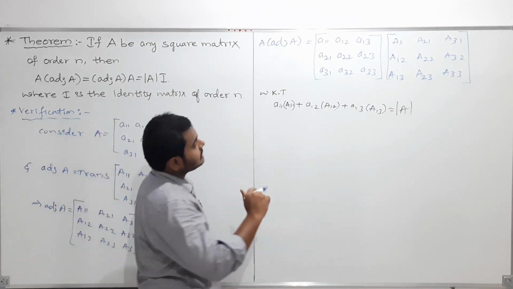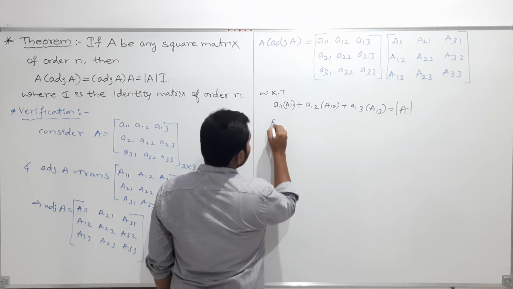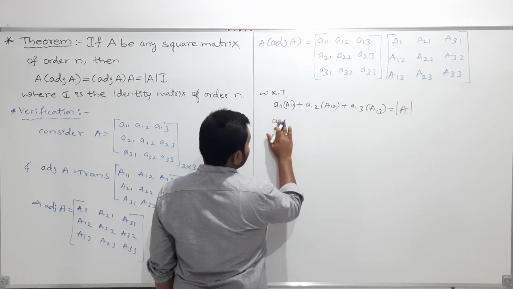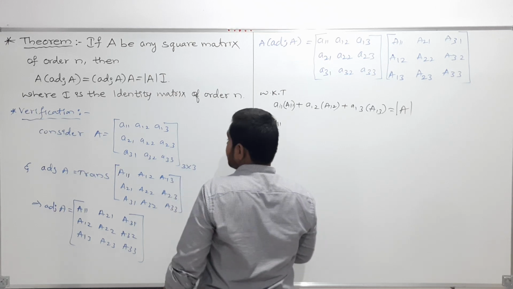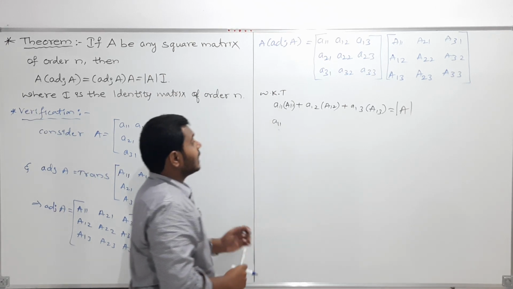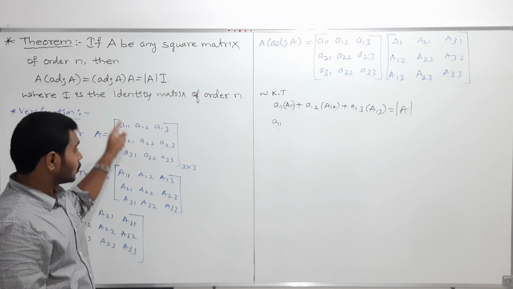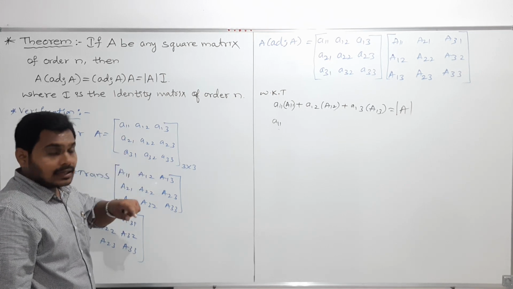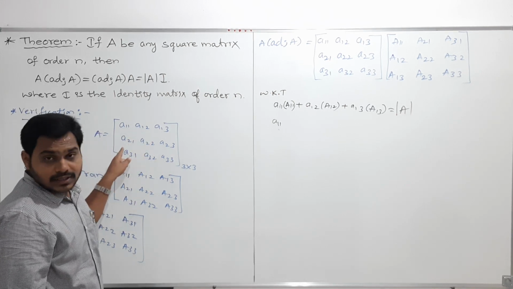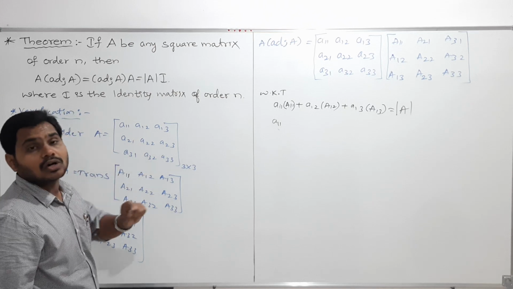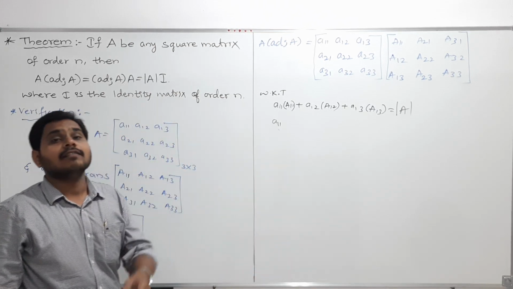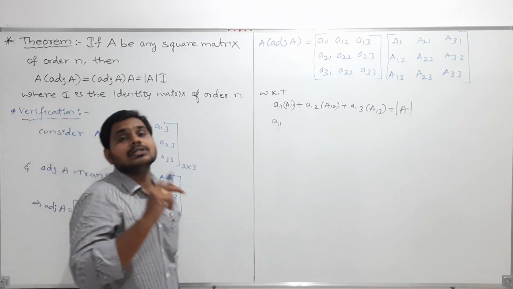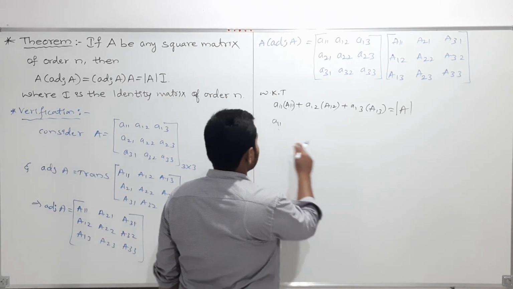Clear? And another result I have given to you. If you take the product of any elements of a row with the cofactors of any other row or column, and you multiply and add, that will give you the value 0.